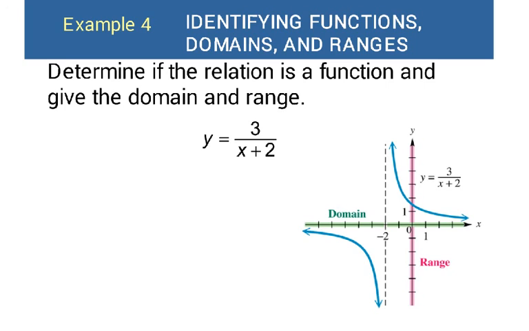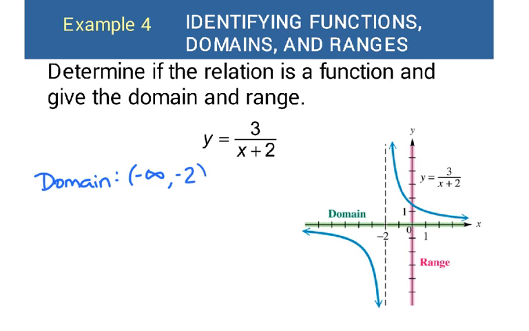And this is how we're going to state it in our domain. We're going to say our domain is really all real numbers except for -2, and this is how you state it: from negative infinity to -2.